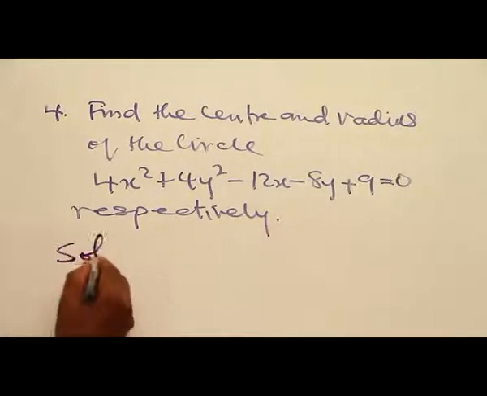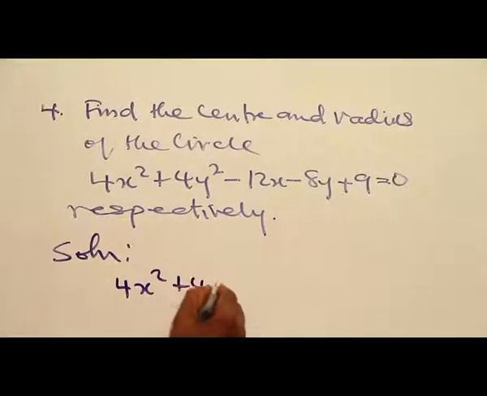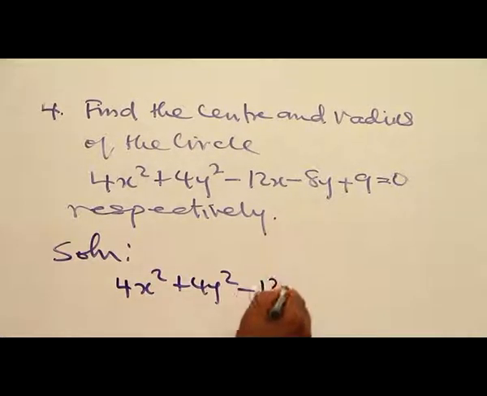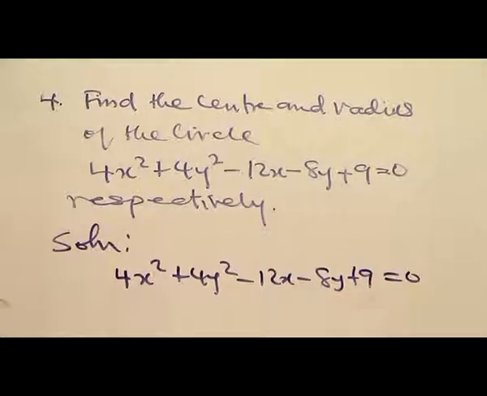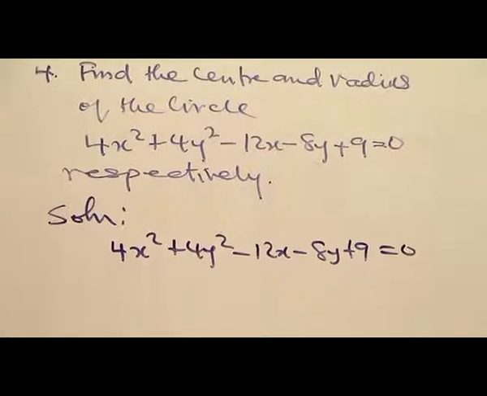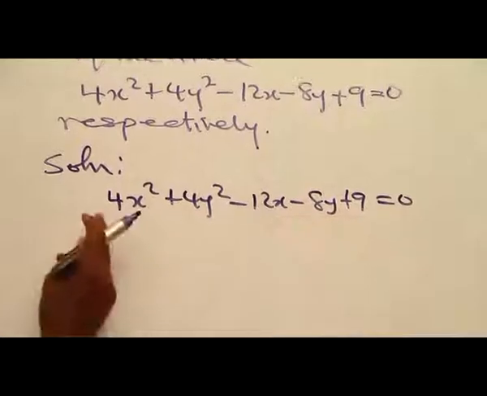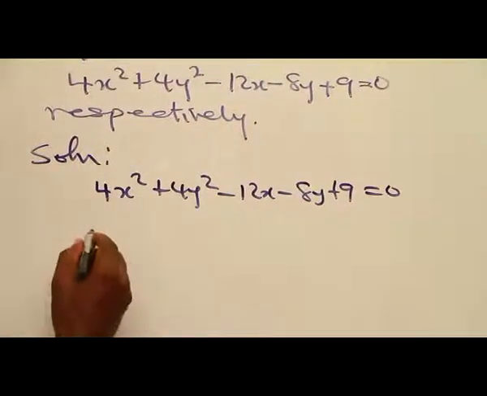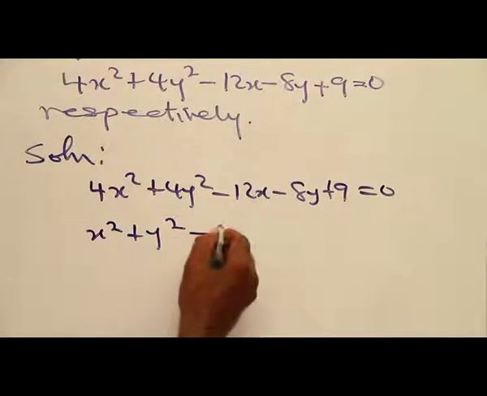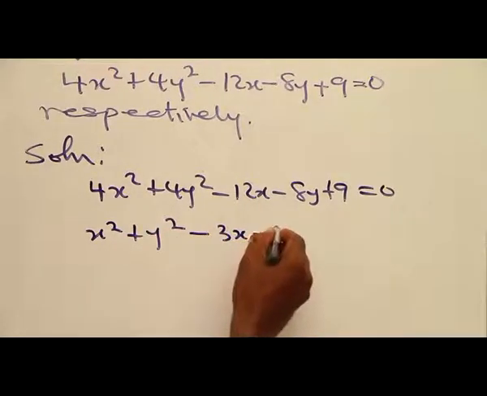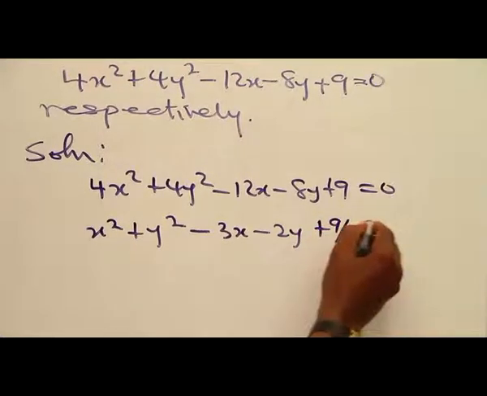Our solution, now we write our 4x squared plus 4y squared minus 12x minus 8y plus 9 is equal to 0. Now, first and foremost, let's divide all through by the coefficient of x squared to give you x squared plus y squared minus 3x minus 2y and then plus 9 all over 4 equal to 0.